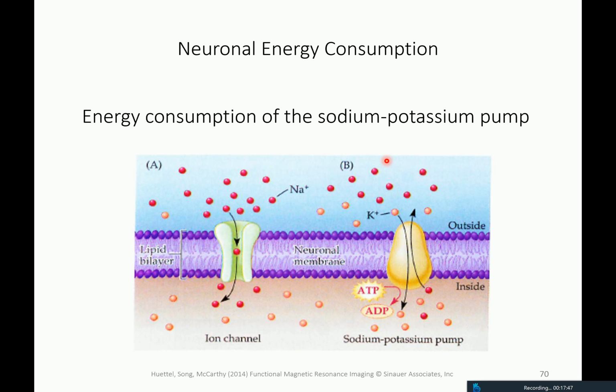And the basic energy that they require: there are two processes that require energy, and one of them is the sodium-potassium pump.